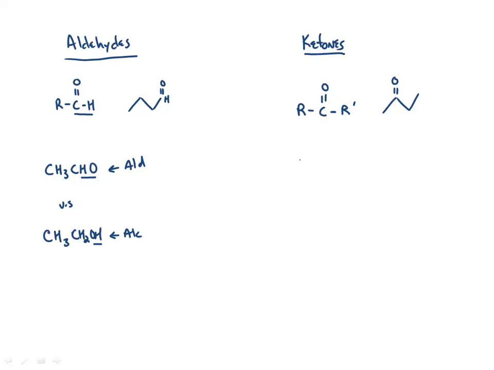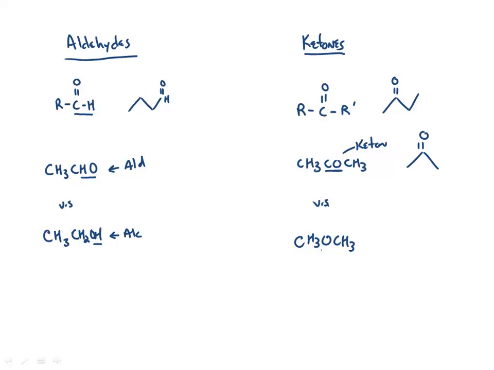Just like for a ketone, if I have something like CH3COCH3 versus, say, CH3OCH3. Notice that if I have a CO, that's our ketone, meaning that's just this pictured molecule.